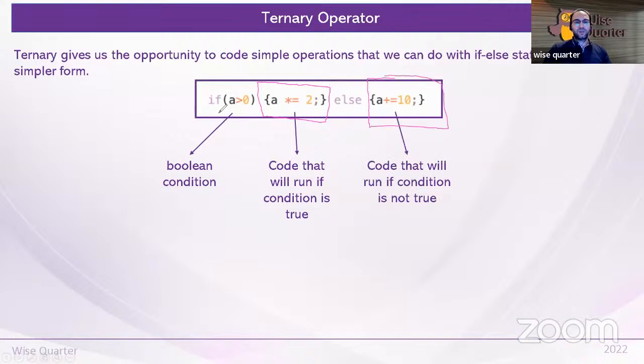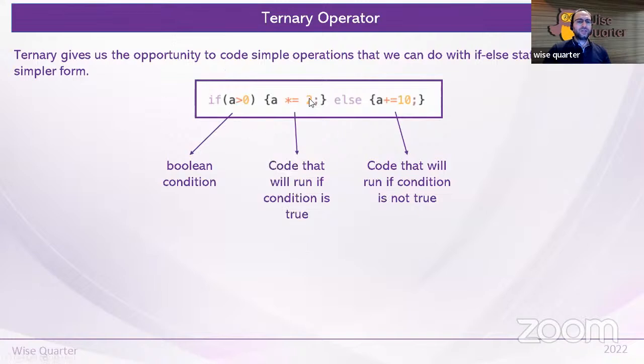If I enter 10 here, for example, 10 is higher than 0, so I will multiply it by 2. It will be 20. If I enter -2, it is false. -2 is not higher than 0, so the else code will be executed. It will add 10 to it, and it will become 8.